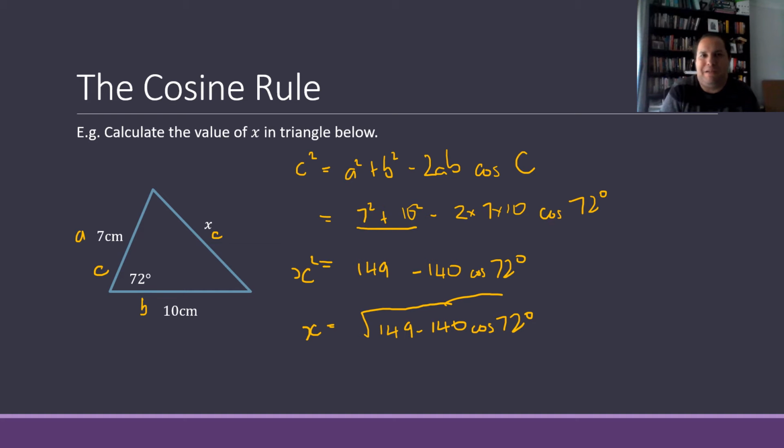It's not even worth putting the plus or minus sign in, because we know as a distance x has to be positive. Putting that into our calculator, we end up with a value of 10.28 centimeters. And that's the length of our side x. And that's all the cosine rule is. Substitute your values in, get your answer at the very end.